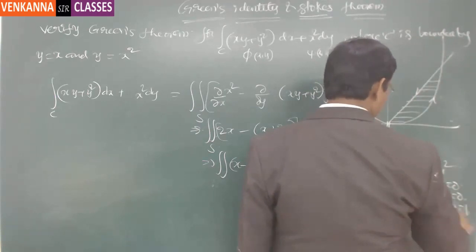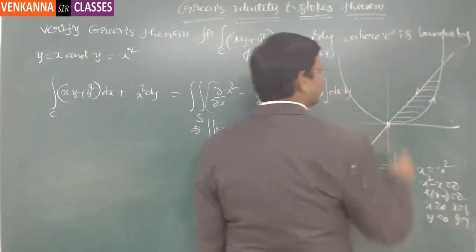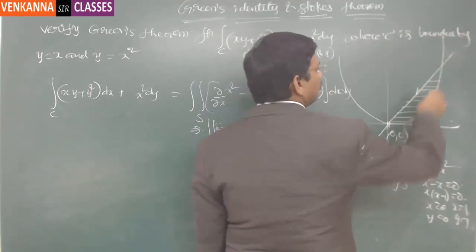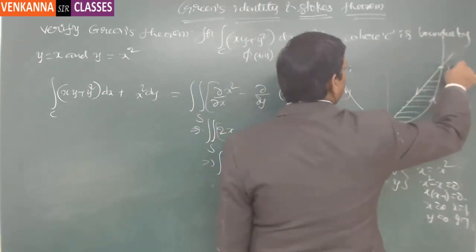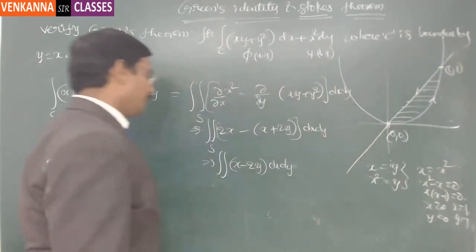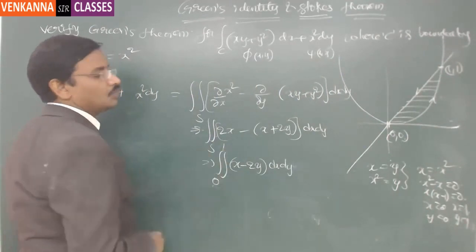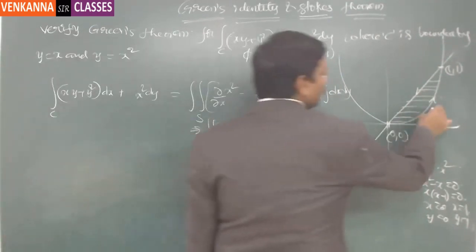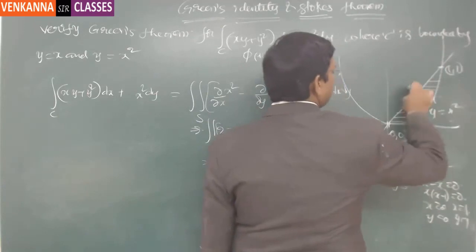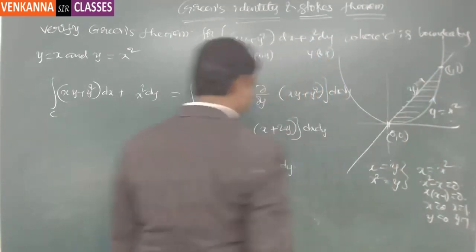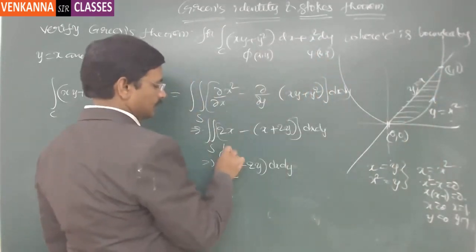Correspondingly y equal to 0 and y equal to 1. So these points are (0,0) and (1,1). Now applying the limits, x varies from 0 to 1, and y varies from the curve y equal to x square to the curve y equal to x. So y varies from x square to x.